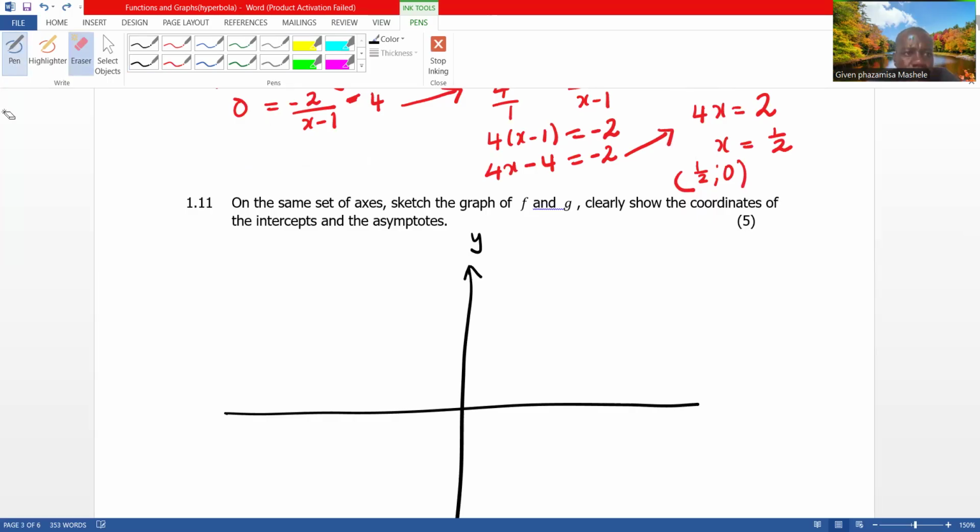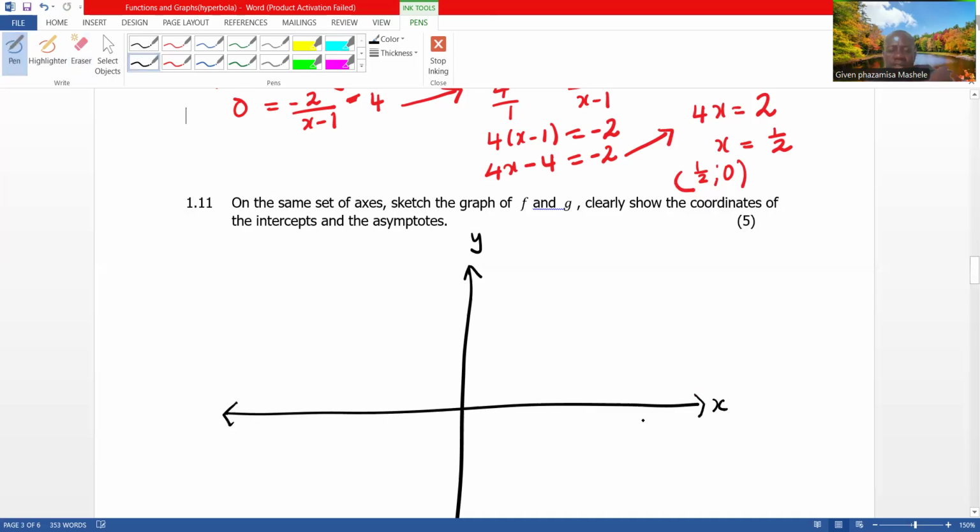Okay, now I want the pen. Okay, this is my x-axis.